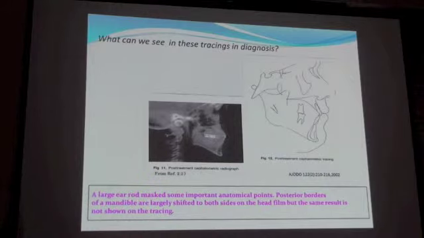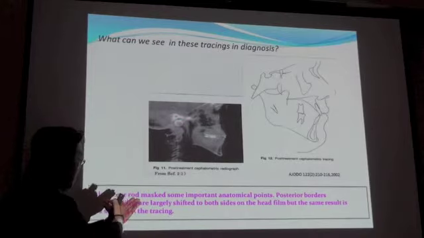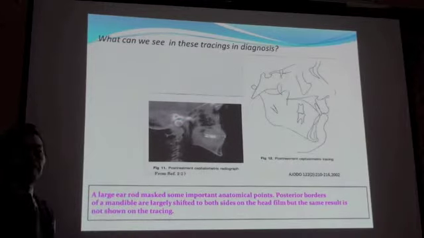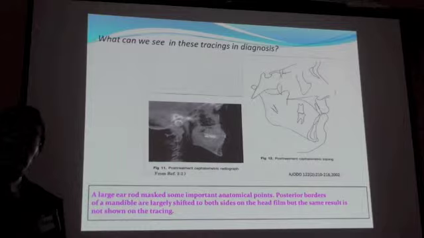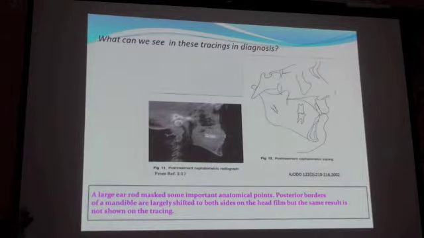So we have to examine, maybe once or twice a year, to take a cephalometric radiograph, and the cephalometric apparatus has to be set up the same way. Otherwise, the cephalometric apparatus is sometimes shifted.